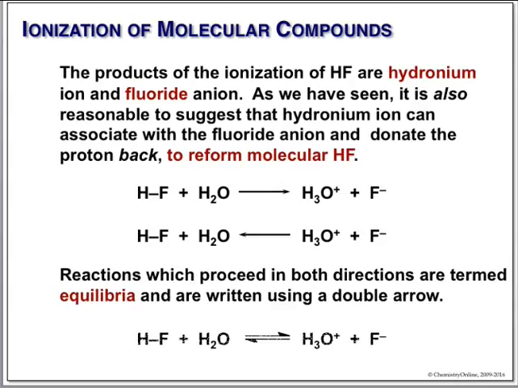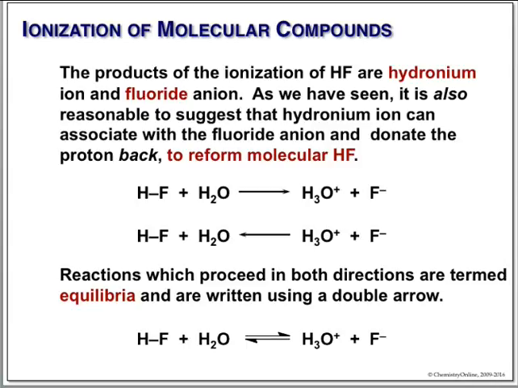In chemistry, this is what we call an equilibrium. When we have an equilibrium, that's a reaction that goes both directions rapidly. We show this using a double arrow.